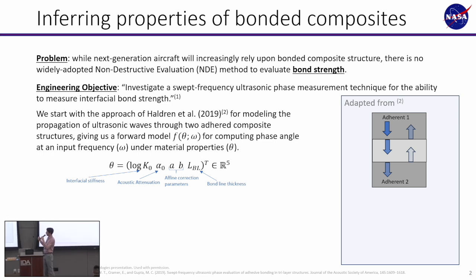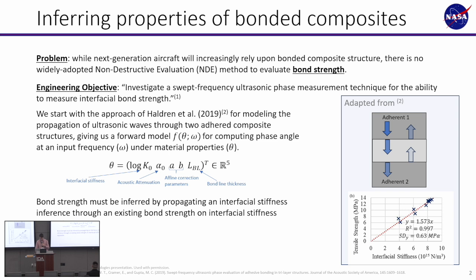And then we have these other nuisance parameters, I'm using some statistical lingo here just to say that these are parameters that we don't care about reporting uncertainty on, but nonetheless need to take into account when reporting uncertainty on interfacial stiffness. So this is acoustic attenuation, some affine correction parameters, and bond line thickness.